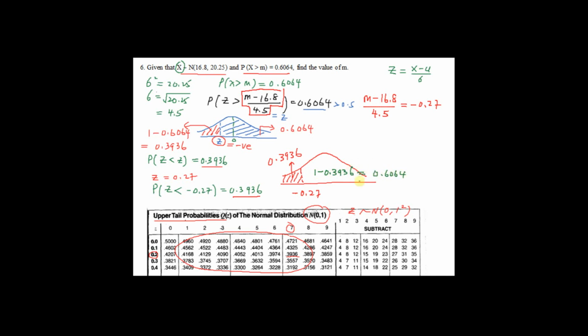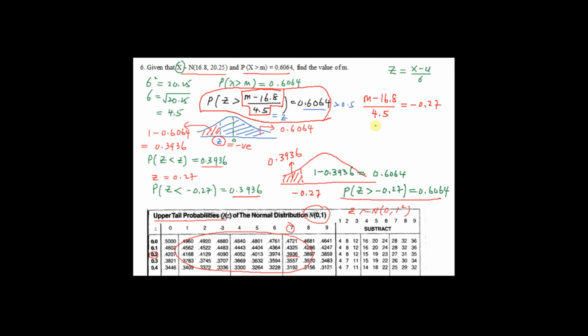This implies that probability z more than negative 0.27 equals 0.6064. You can compare this with the whole equation here and see that they are actually similar. That is, probability z more than this value equals 0.6064. Therefore, I can put m minus 16.8 over 4.5 equals negative 0.27.